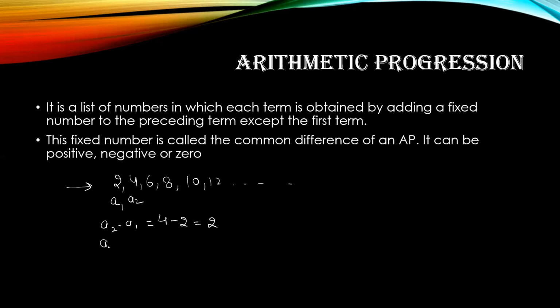Now, what is A3 minus A2? This is my A3, which is equal to 6 minus 4, which gives you again 2. So as you can see, if you find A4 minus A3, you will be getting 8 minus 6, which is again 2. So this 2 is always coming, right?